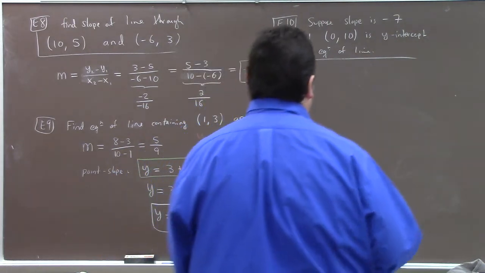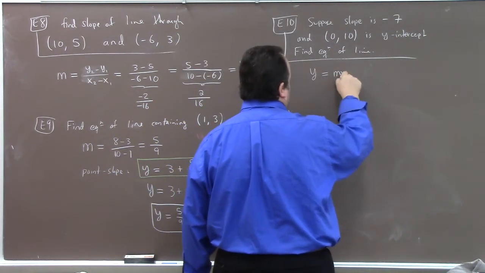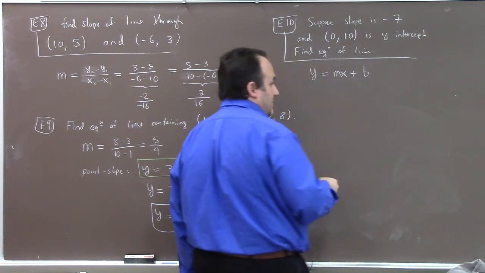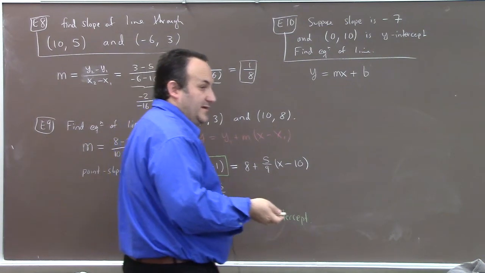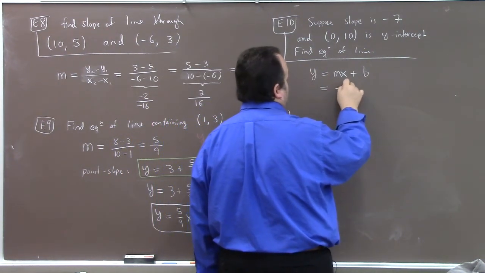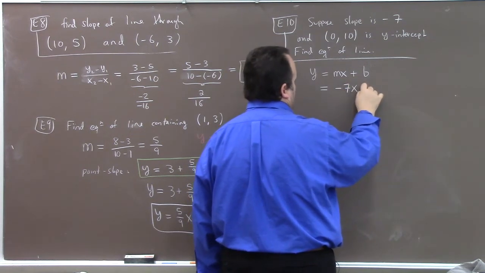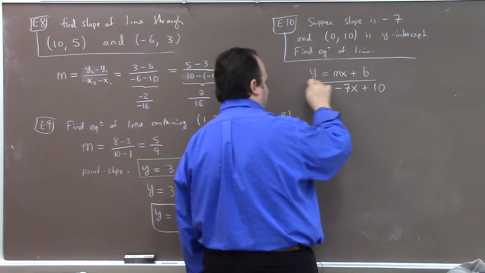So y equals mx plus b, right? But we're given m and we're given b. So the answer is just minus 7x plus 10. y equals minus 7x plus 10. There you go.